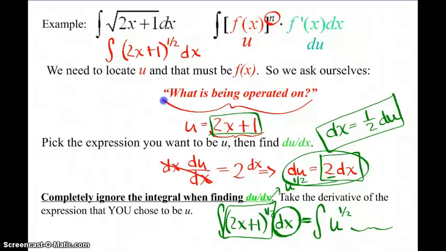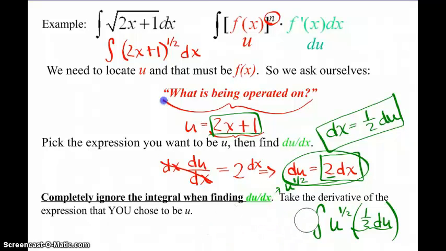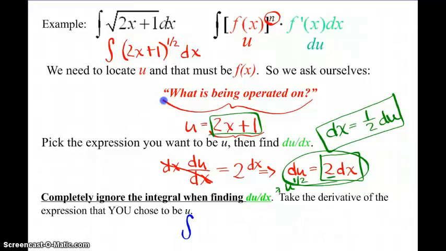And if that's true, instead of writing just du here, I'm going to write 1/2 of du there. Hopefully you can follow that. I'm going to rewrite this here. Now I have the integral of u to the 1/2 times 1/2 du.